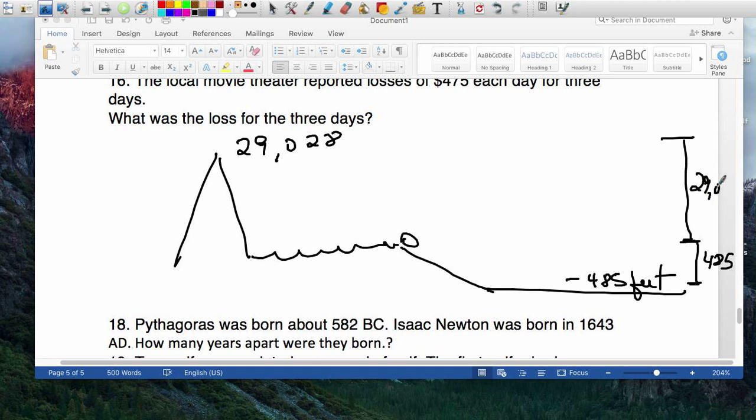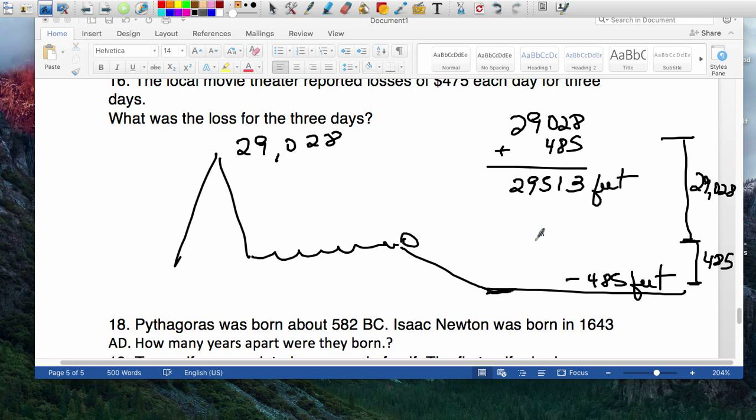The absolute value, we're measuring distance. So we're going to add these two, 29,028 plus 485. If you started at this point, you have to walk all the way up there, you would have to go 29,513 feet. That's how much you would have to climb.